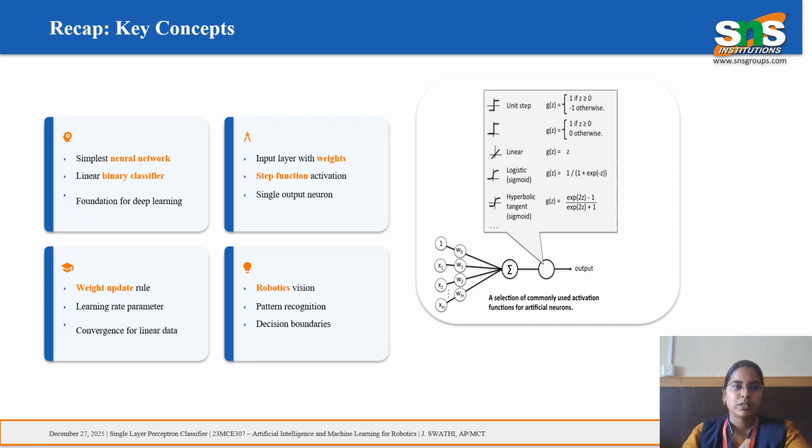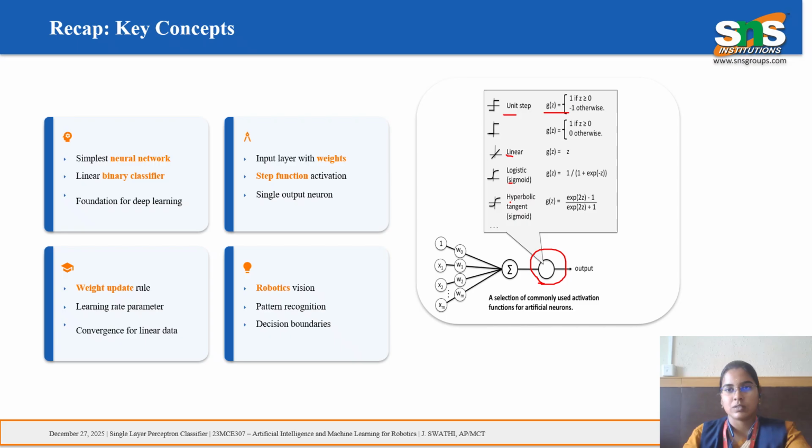And next, coming to the key points, yes, we know it consists of only a single layer of weightage, and here you can see in the activation function we usually use the step function, right? And we have unit step, and we have linear, logistic or sigmoid, and hyperbolic. So for each function we have g of z, which is nothing but the activation function.